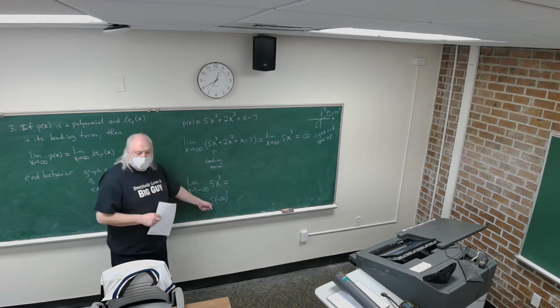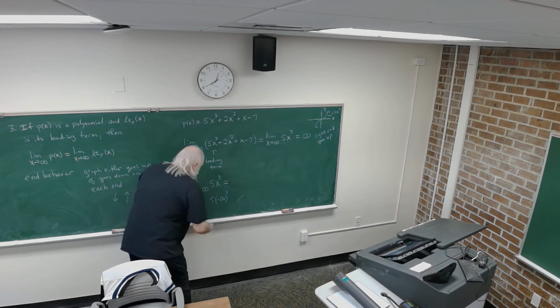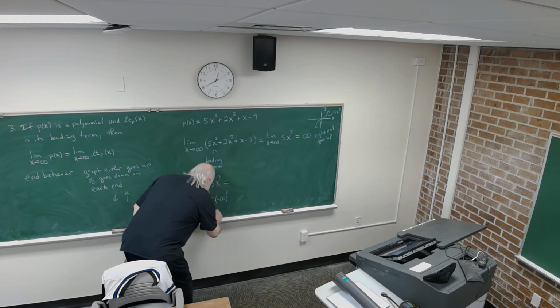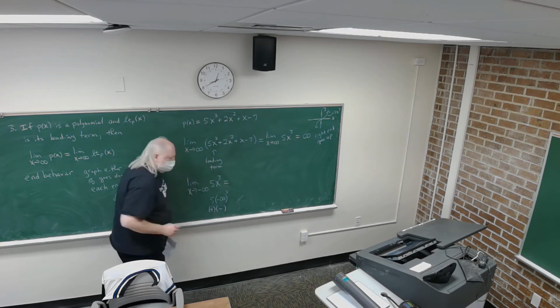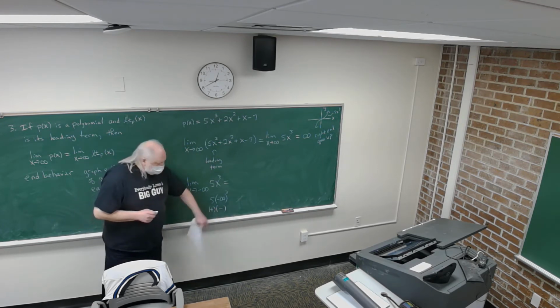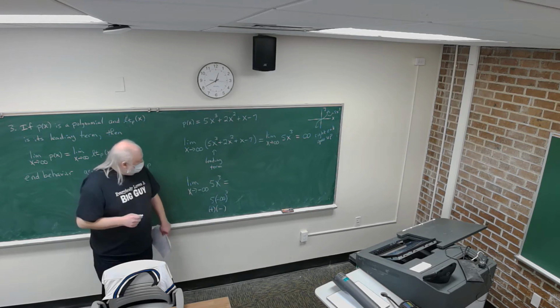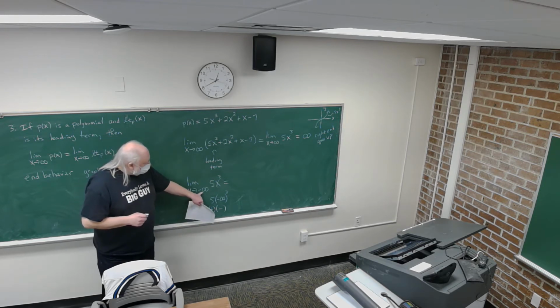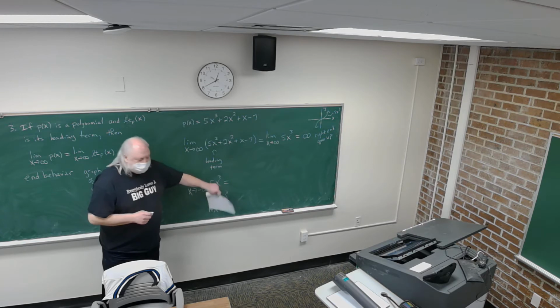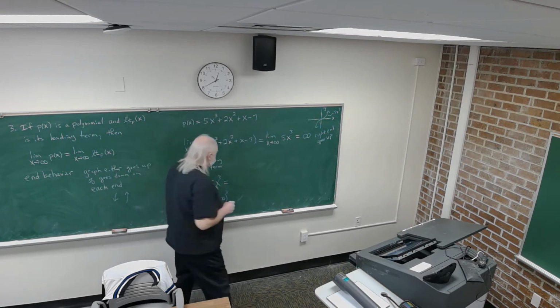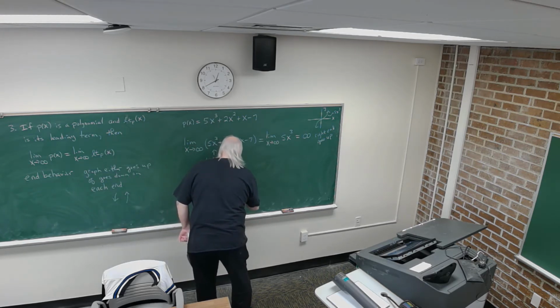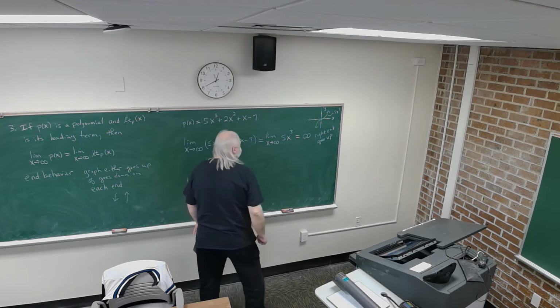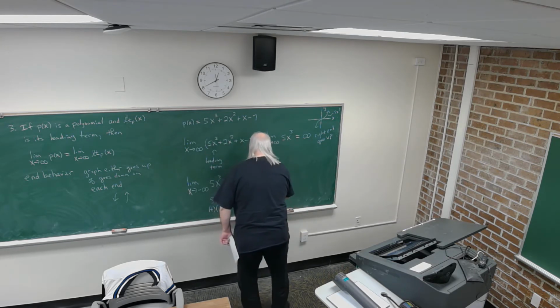And positive times negative is negative. So as x decreases without bound, 5 times x cubed decreases without bound. And so the left end goes down.